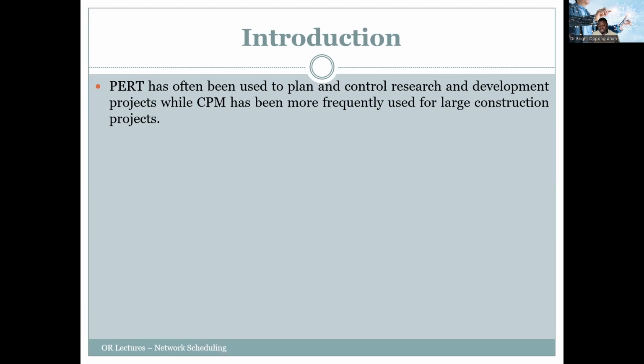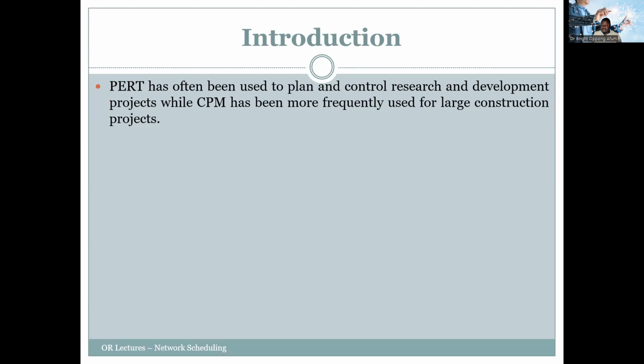Why? Because in most research, we actually have an idea, a concept, but we don't know how the research will go. So usually PERT is used because most research has a lot of uncertainties, right?